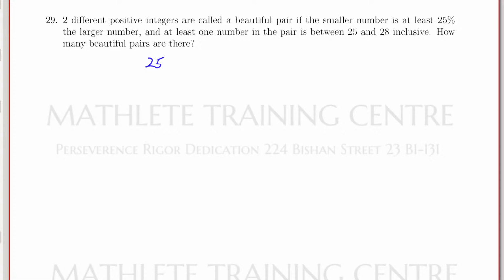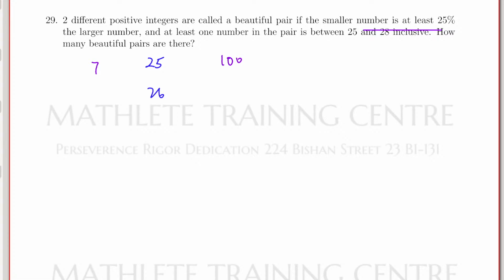The way I think about the smaller number being at least 25%, it also means the bigger number cannot be more than 4 times the small number. So the bigger number is at most 100. Right? 25 cannot be more than 4 times the small number, so 4 times 6 is a bit too small. So the smallest case is 4 times 7, right? 7 is at least 25% of 25.